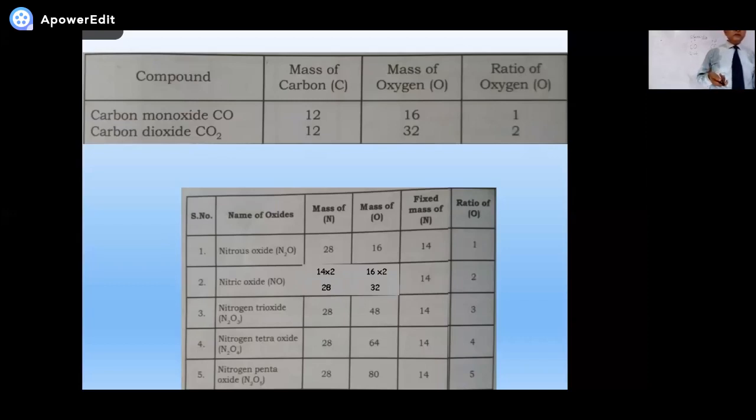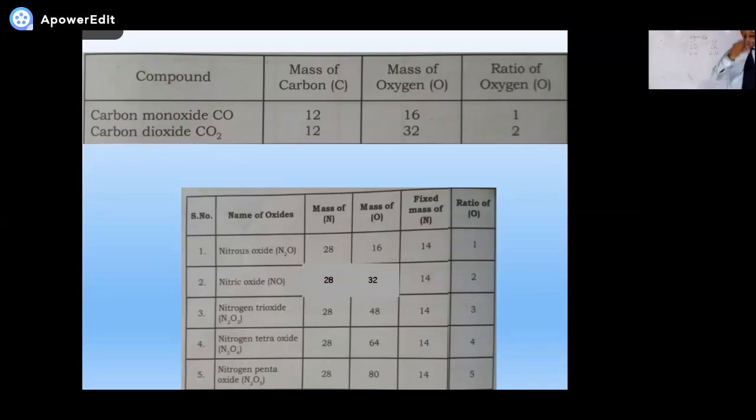So we can write it like this. See the third one, N2O3. N2 means 14 mass of nitrogen, 2 nitrogens are there, 14 twos are 28. Then oxygen, 16 threes are 48.